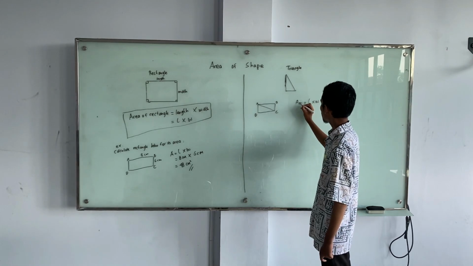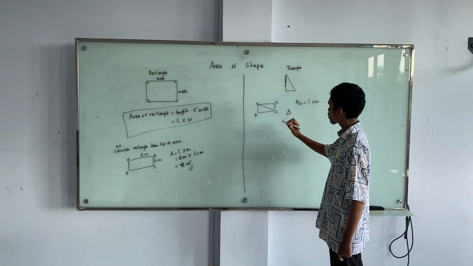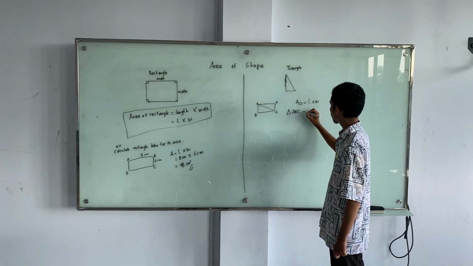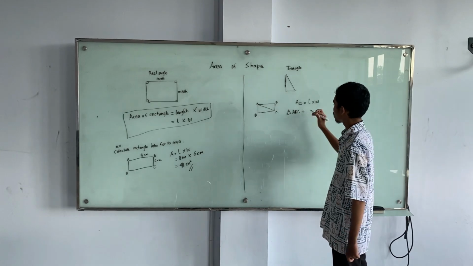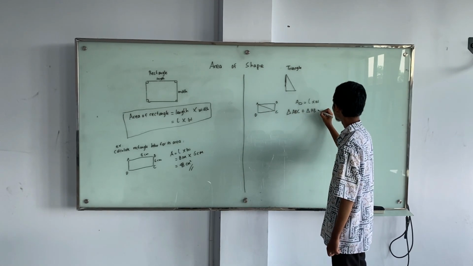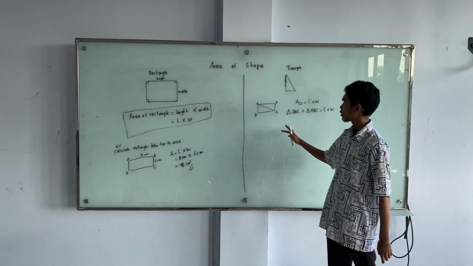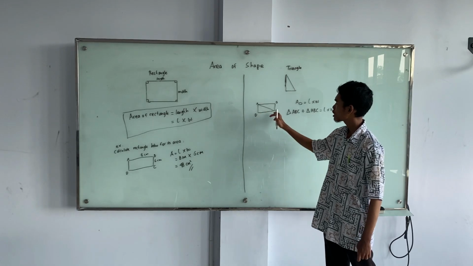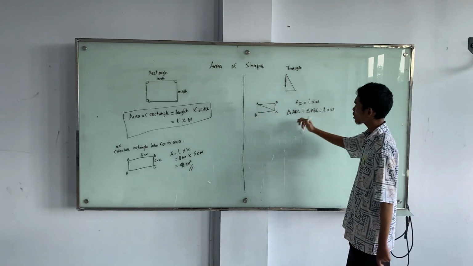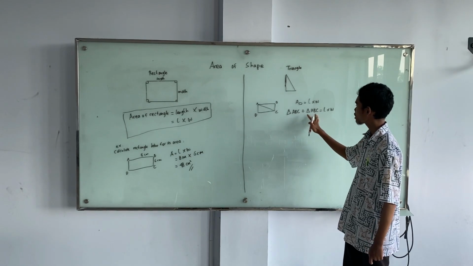So the area of rectangle is the area of triangle ABC plus the area of triangle ABC. Since the two triangles are congruent, we replace them with triangle ABC.